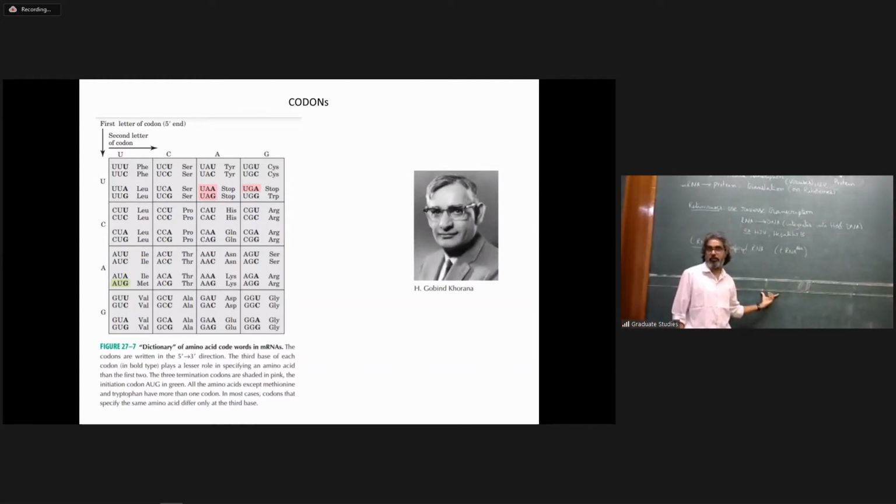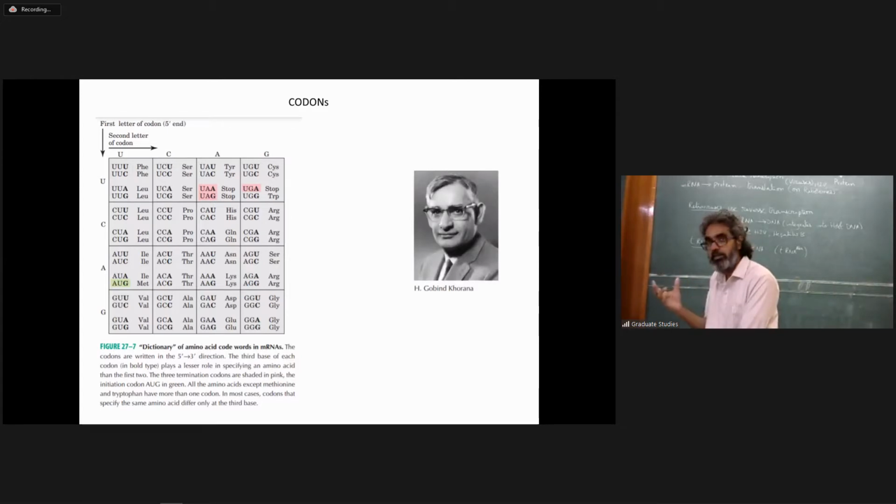Finally they found out this code, shown in the codon table. This is mRNA, right? mRNA binding to tRNA plus ribosome will give you a protein sequence. Of course, they found out that it's not one nucleotide, because there are only 4 varieties, so you cannot get 20 amino acids from 4.